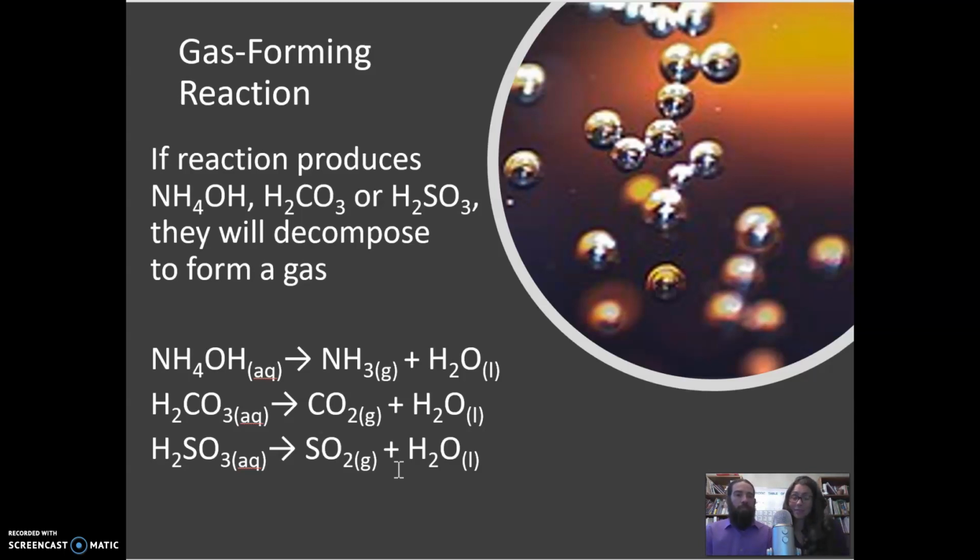So it might be an acid-base reaction that formed the NH4OH and then it decomposes. And so it's an acid-base and a decomposition and a gas-forming. So we can have several for the same reaction. But take note of these three compounds, because when we write them as products, it would not be correct to write the product as NH4OH. Rather, we would have to write that product as NH3 plus H2O.